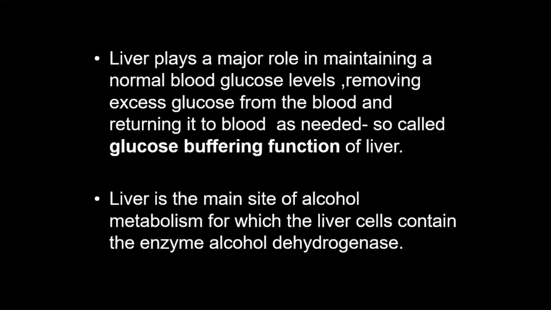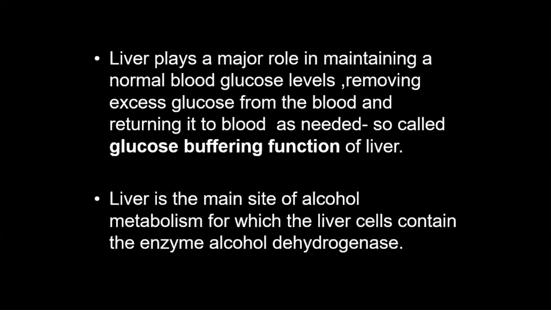So the liver plays a major role in maintaining a normal blood glucose level, removing excess glucose from the blood and returning it to the blood as needed, the so-called glucose buffering function of the liver.